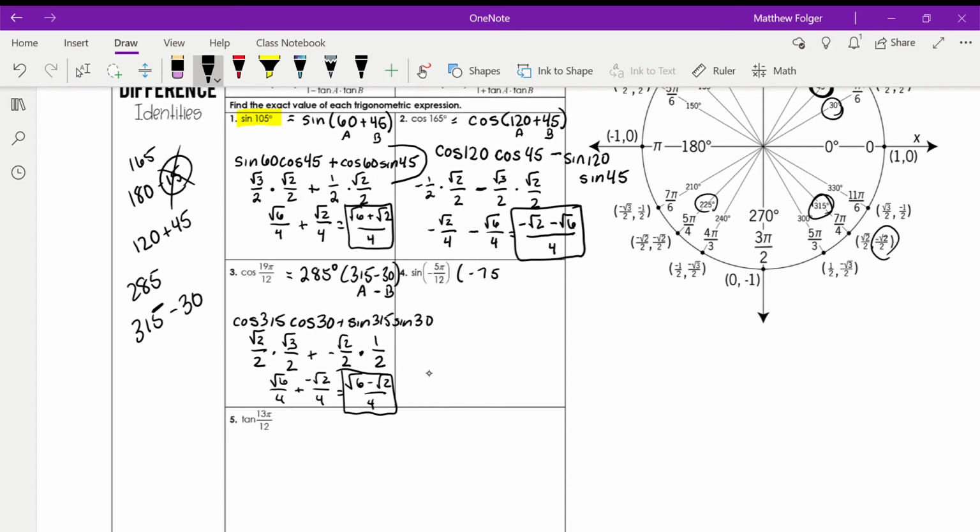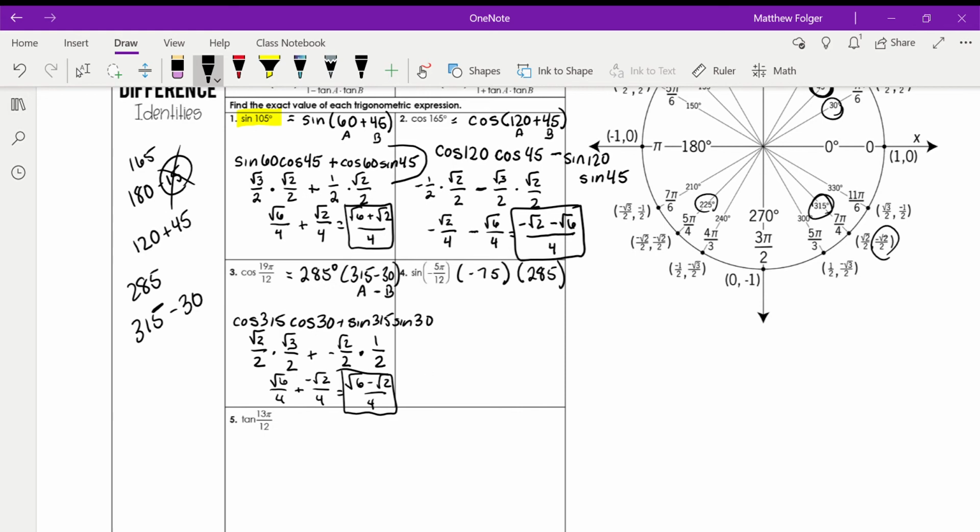Now, negative 75, one way to do this, and probably the easiest way to go about it, is just make that a positive angle. So what do you add to make it positive? You add 360. So this is negative 75 plus 360, is 285 again.